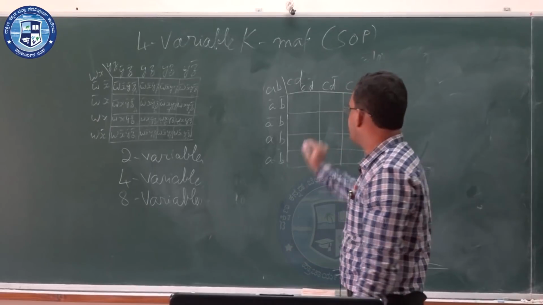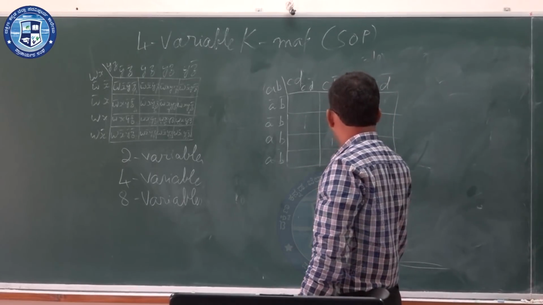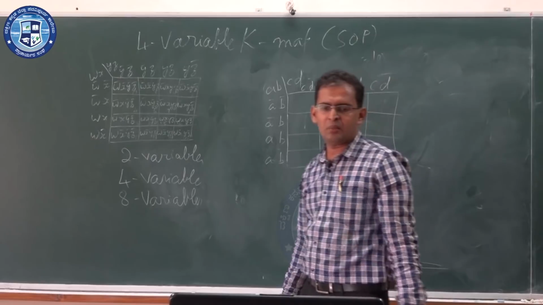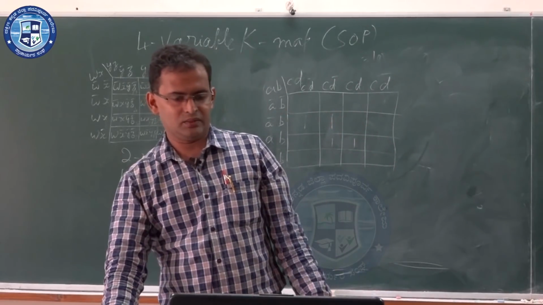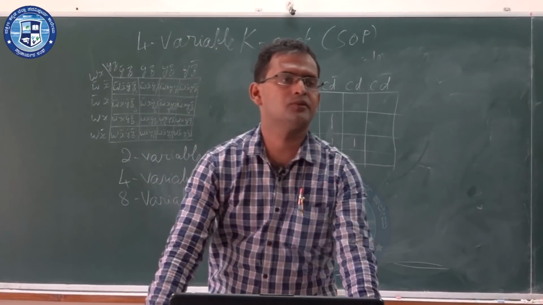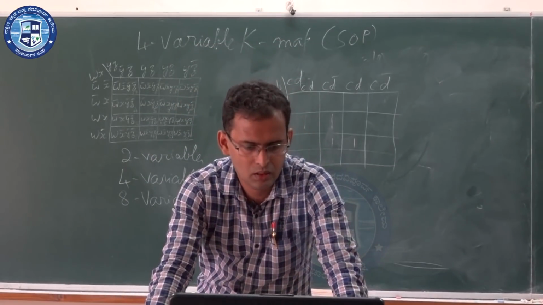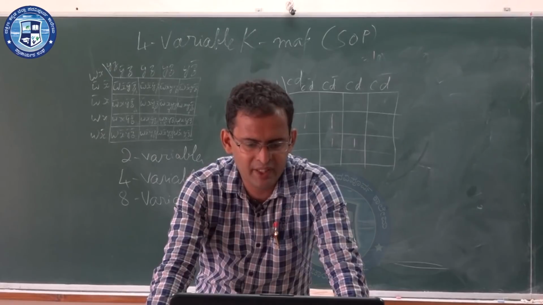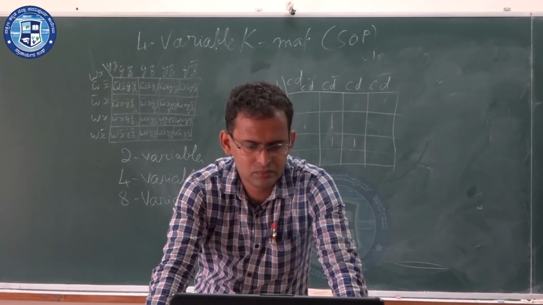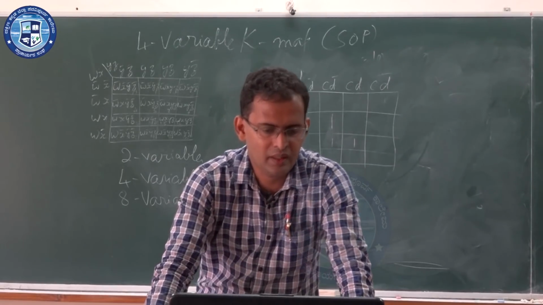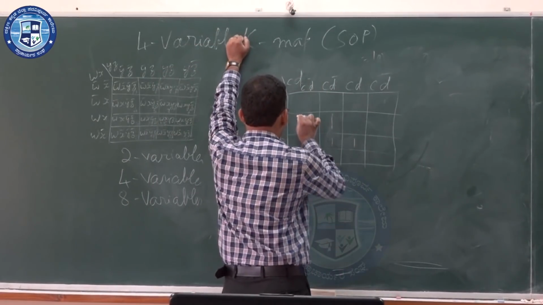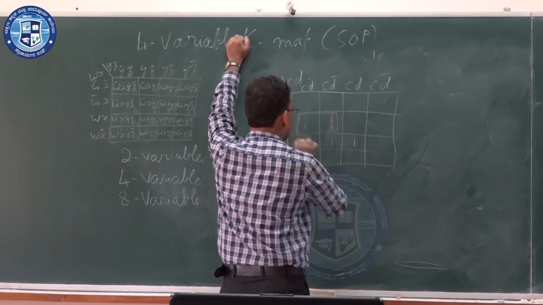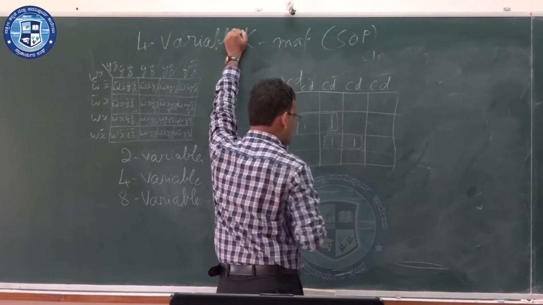And I have 1 and 1, 1 and 1. What am I to do? I can go for 2 pairs, that is the right method of mapping. But if I go for 3 pairs, then it will be extra, which is not required. For example, this one pair and this one pair will serve the purpose.